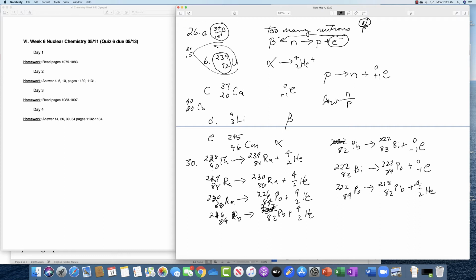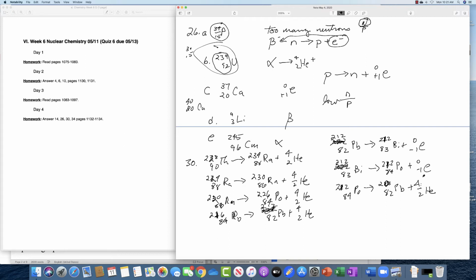So this is 212, and this is 212, and then you end up with 208 here. Sorry about that. I wrote this down wrong. All this is correct except I just miscopied this one. So you go from 228 to 224 to 220 to 216, and then you end up at 212.